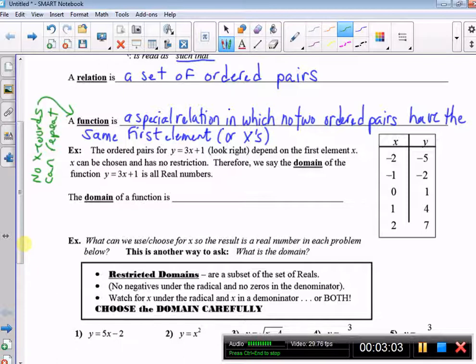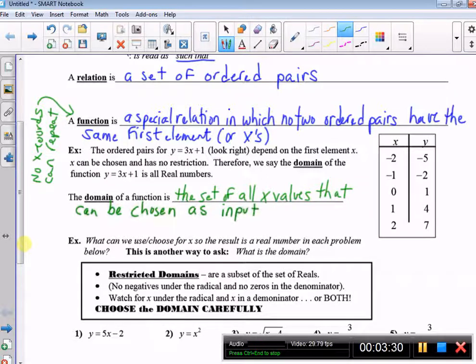So, to define that, the domain of a function is the set of all x values that can be chosen as input.